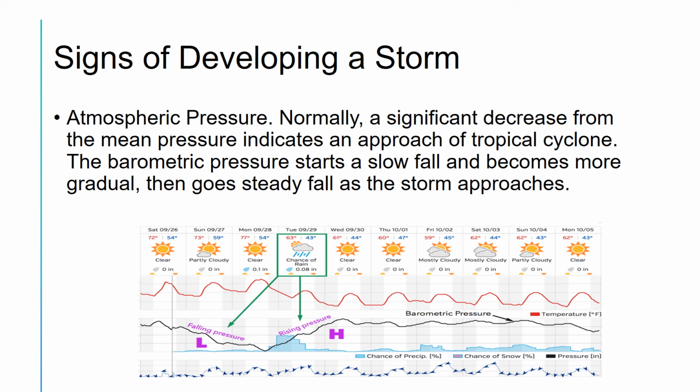So kapag pa-approach sa low pressure area o sa bagyo, mapapansin nyo sa reading nyo sa barometer, bumabagsak. Once na nag-steady na yan, maaaring nandun na kayo sa area kung saan naroroon ang low pressure area o yung bagyo. Then kapag napansin nyo, tumataas na ulit yan, ibig sabihin lumalayo na si bagyo sa inyong position.